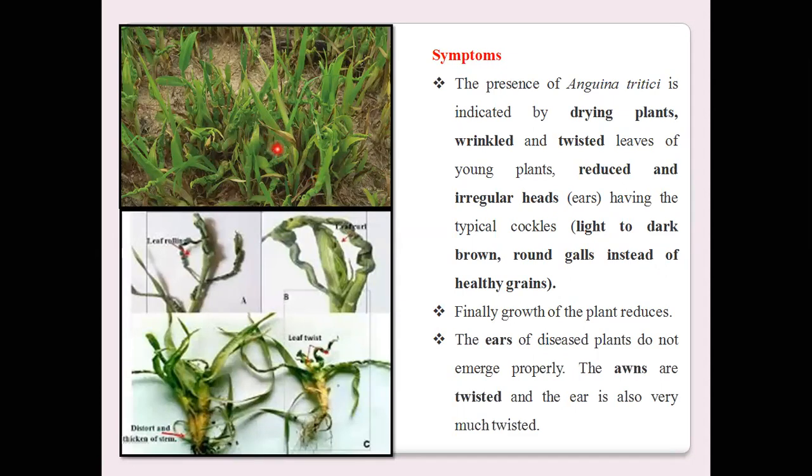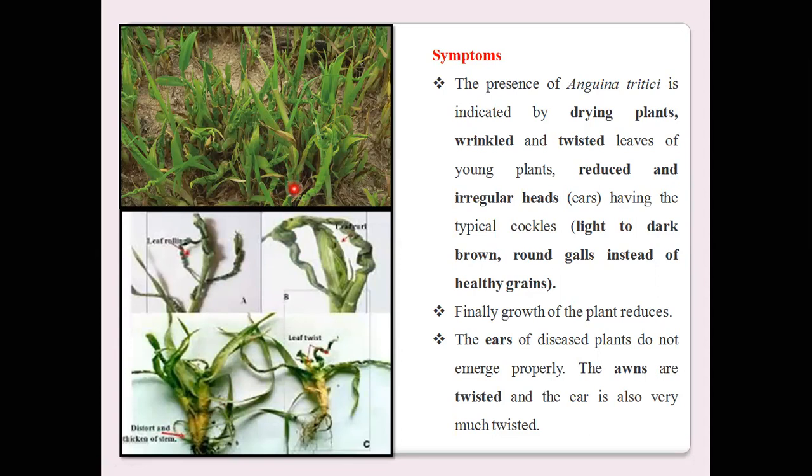So the initial symptom is the drying of the plants, then wrinkled and twisted leaves are seen on the younger plant or at the seedling stage of the plant. Then the height of such infected seedlings as well as the mature plants is retarded. Then reduced and irregular airheads are seen, generally on the mature plant.